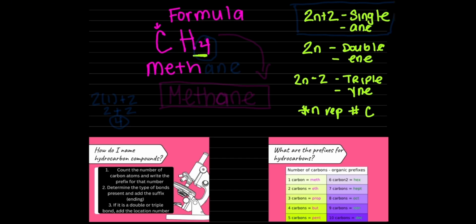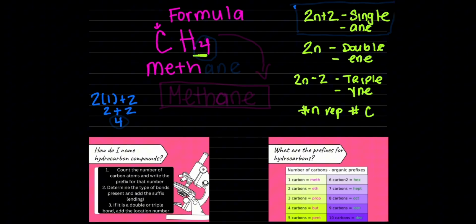So let me see here. It's going to be more like a plug and chug. I got 2n, and we've already identified that we have 1 carbon atom. So I plug in: 2 times 1, which is 2, plus 2, and that gives me 4.